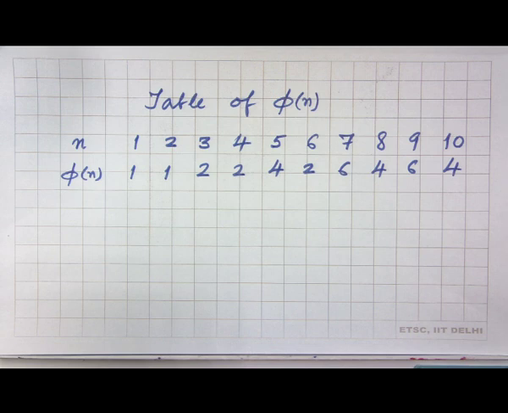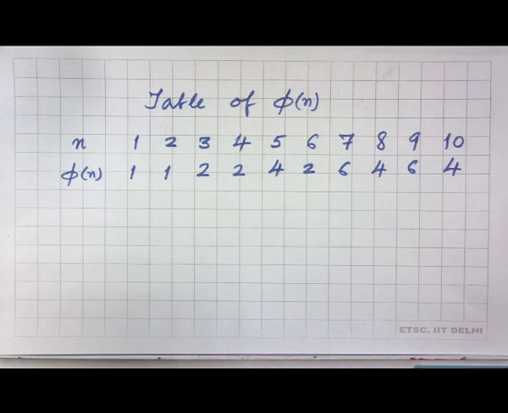You can check that this table is accurate by listing the elements in each of these Sn's. So for example, if you look at the last one, S10, the numbers that go into that set are the numbers that share nothing in common except 1 with 10.